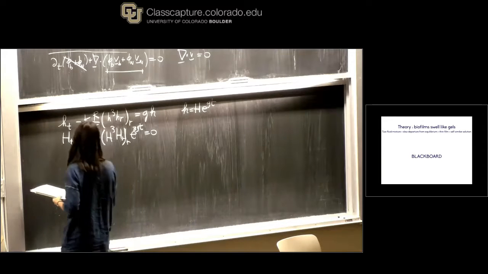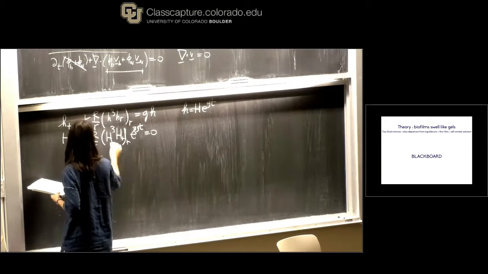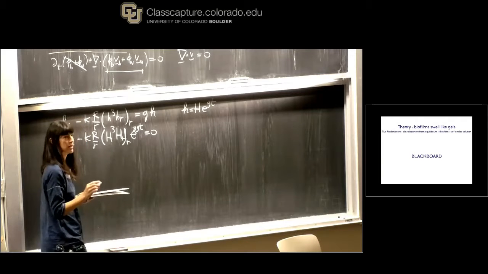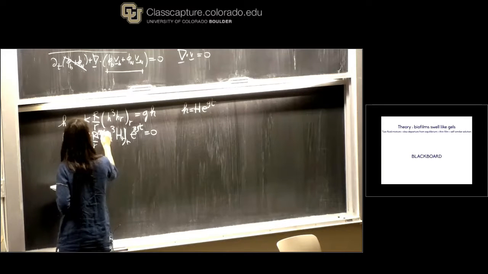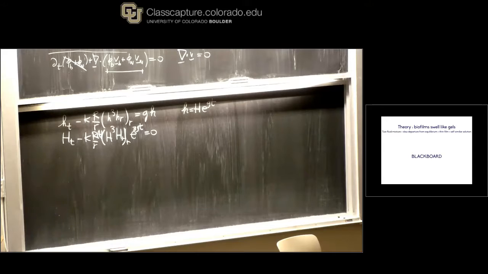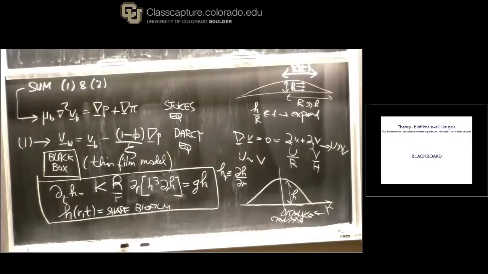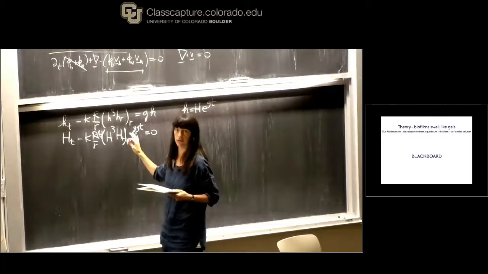Okay. Now I want to eliminate this guy, and this will be done implicitly. So remember, R is R of t, and it's the radius of the biofilm. Maybe I didn't say this explicitly. It's this guy, R of t, I wrote it there. And I want to eliminate it for a moment.